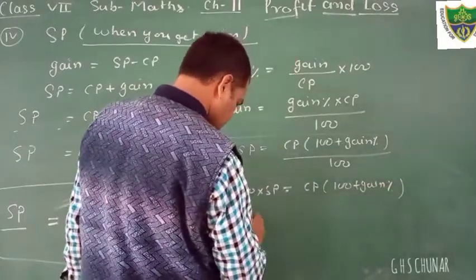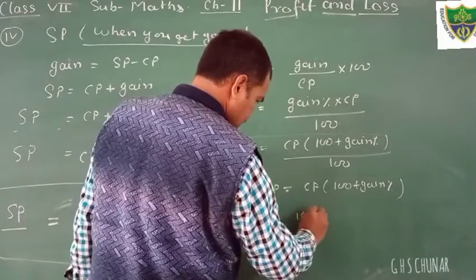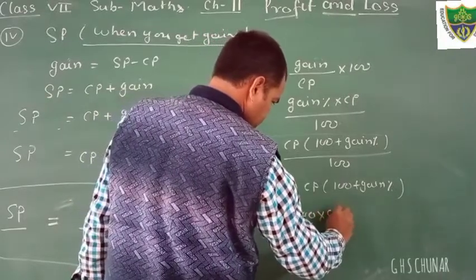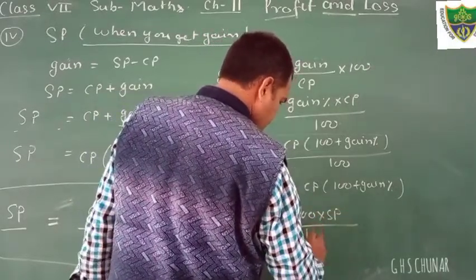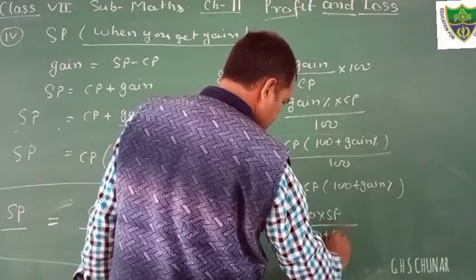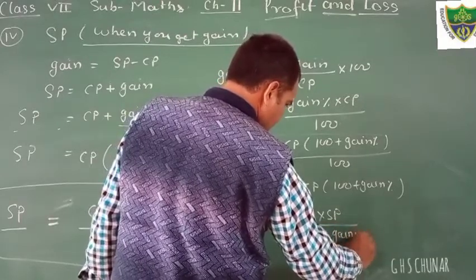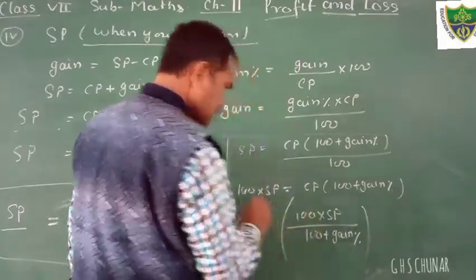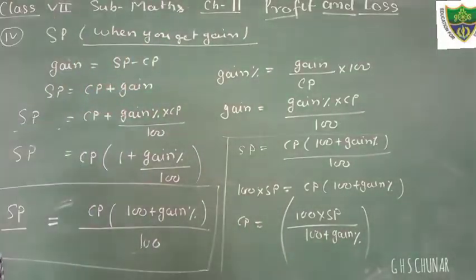So CP is equal to 100 into SP upon 100 plus gain percent. This is the formula for the CP when SP and gain percent are given.